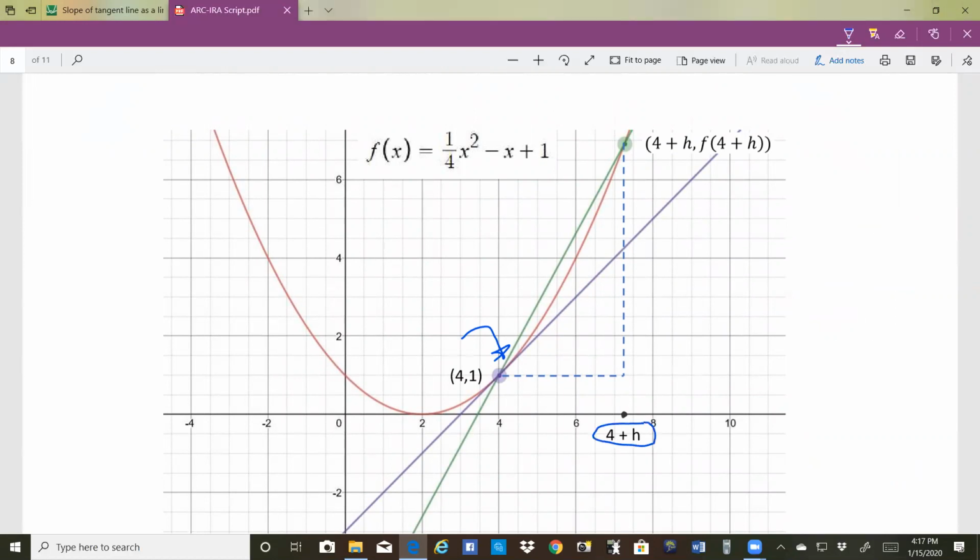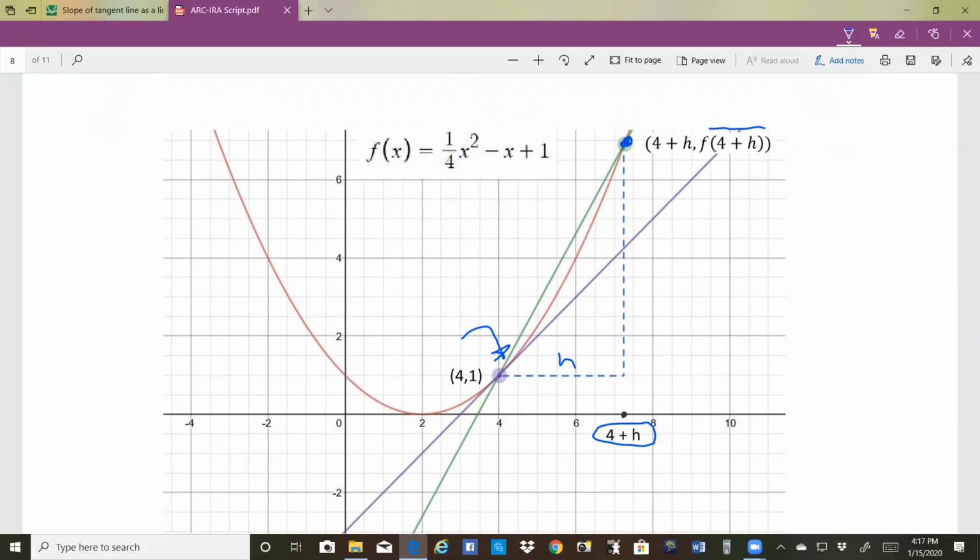In other words, we're adding h to the x value of 4, and then looking at what the value of the function will be at x equal to 4 plus h. And well, obviously it's going to be f of 4 plus h.